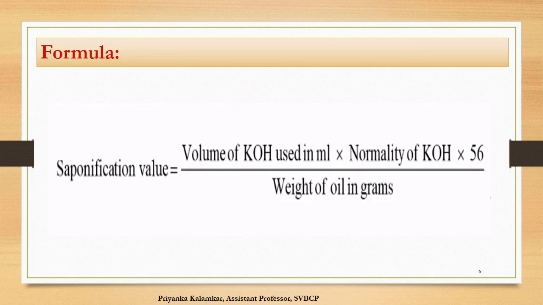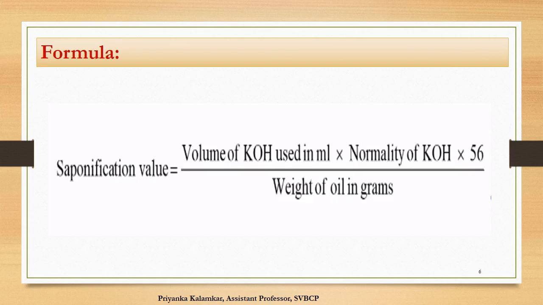Now the formula we are going to use for the calculation: saponification value is equal to volume of KOH required to saponify 1 gram of fat into normality of KOH. Whatever KOH you are going to use in the procedure, write down the normality of that KOH here, into 56, which is the molecular weight of KOH, divided by weight of given sample in grams.